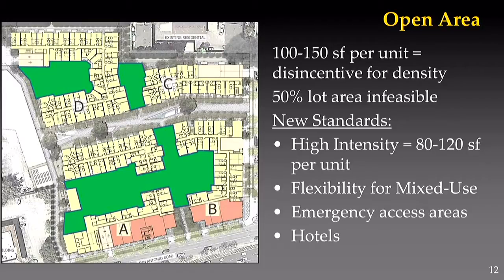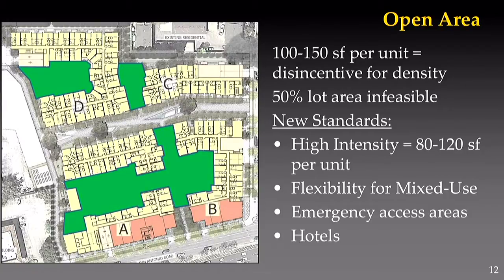Staff is recommending some changes to the open area standards. The open area standards in the highest intensity zone are actually a disincentive for density. They could end up being a requirement of roughly 50% of lot area being common usable open area. The new open area standards are more consistent with the North Bayshore Precise Plan.